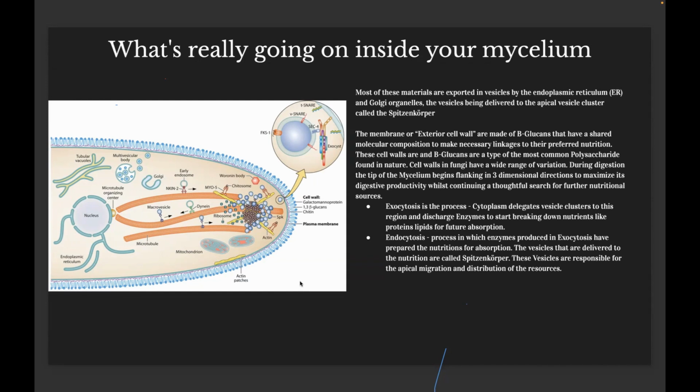Maybe some cells that are still active in the center of the mycelium that are far away from where all the action's happening, far away from where all the food is. It's delivering different nutrients there that it needs to stay alive and healthy. All right. So that is what's going on in your mycelium.